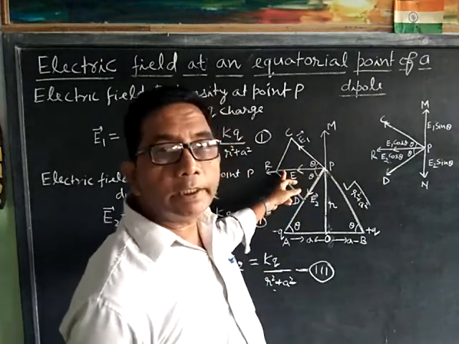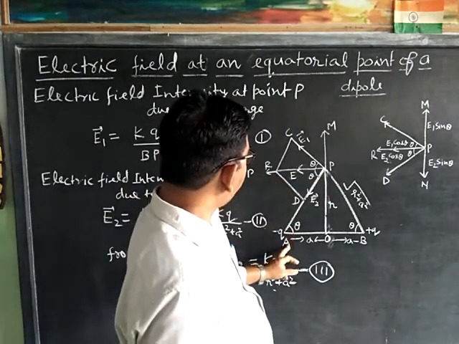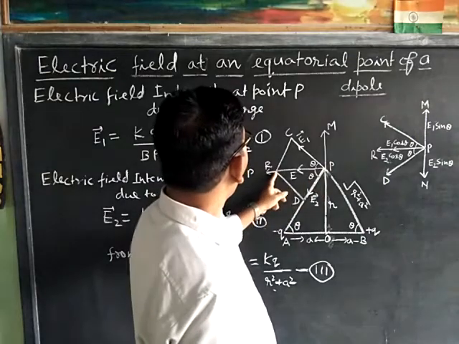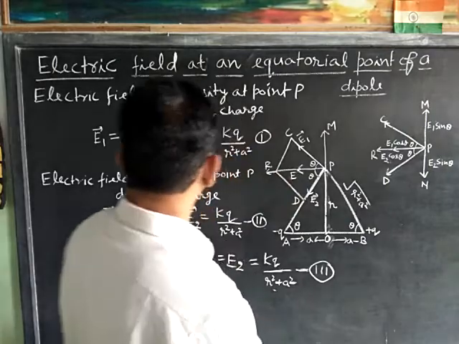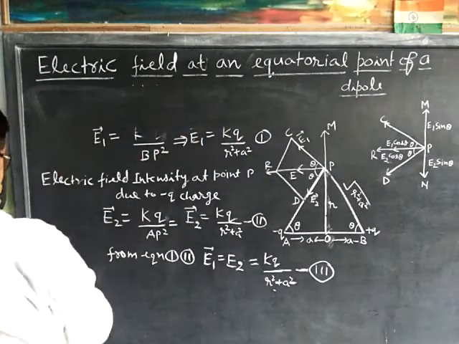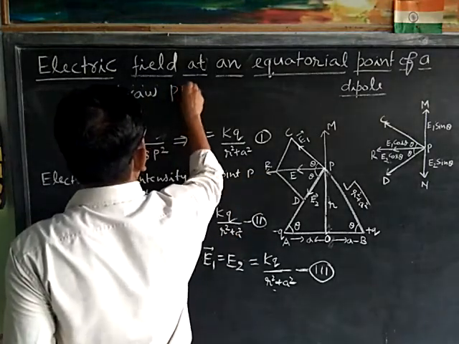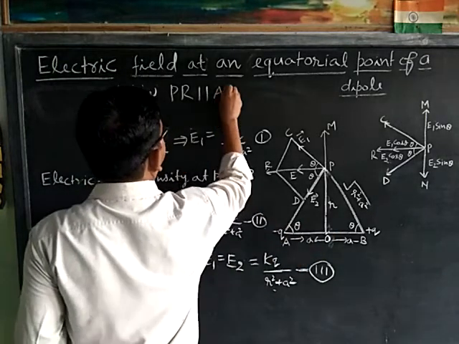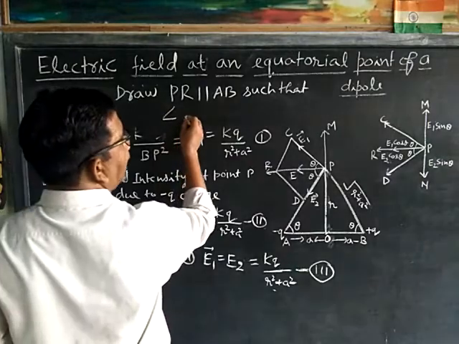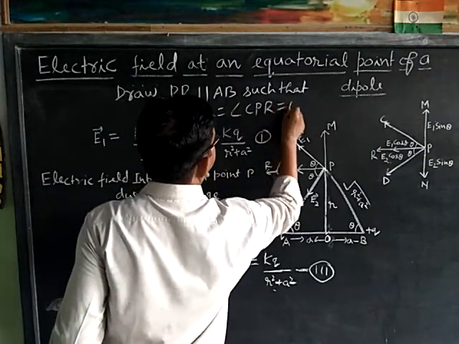For this, draw PR parallel to AB such that angle DPR is equal to angle CPR, that is theta.